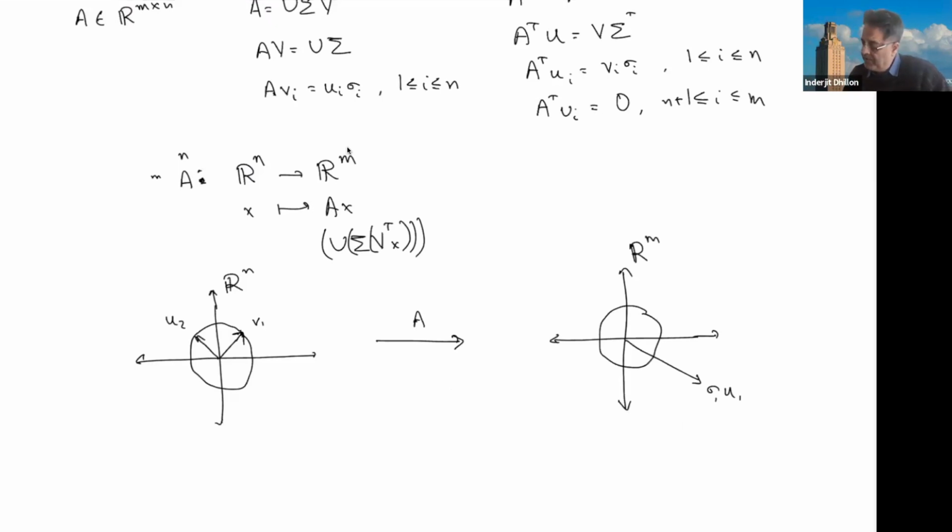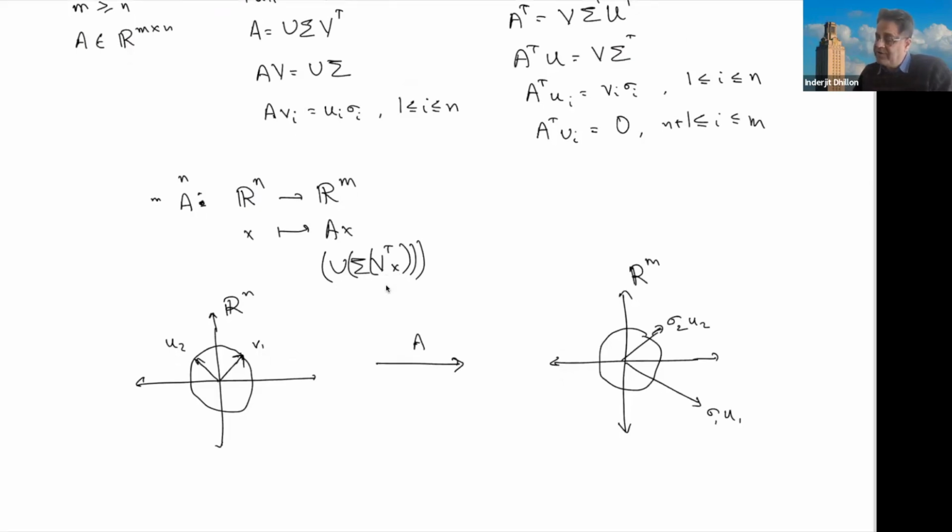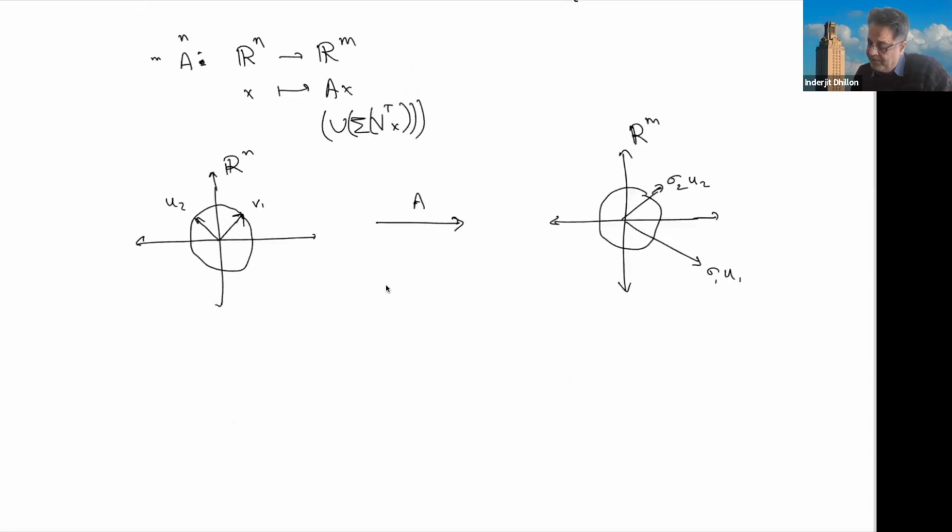And then maybe sigma 2 U2 is something like this, right? That's what this says. But based on the SVD, I can actually decompose it further. I can say that A times x is essentially three transformations: V transpose times x, sigma times the result, then U times the result.